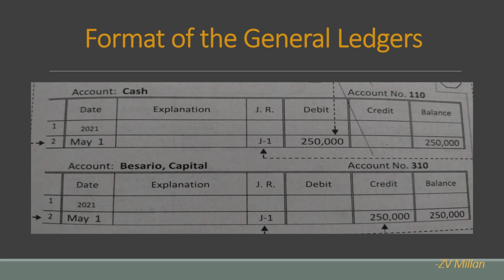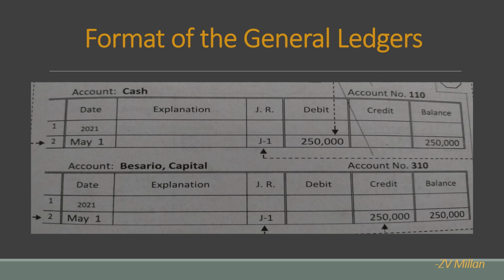Next, kung ano yung figures that we record in the journals as a debit figure, yun yung nilalagay natin or tinatransfer natin or pinopost natin on the debit column of the general ledger. Same with the credit column, kung ano yung credit figure ng specific accounting entries that we record in the journals, yun rin yung tinatransfer or pinopost natin on the credit column.